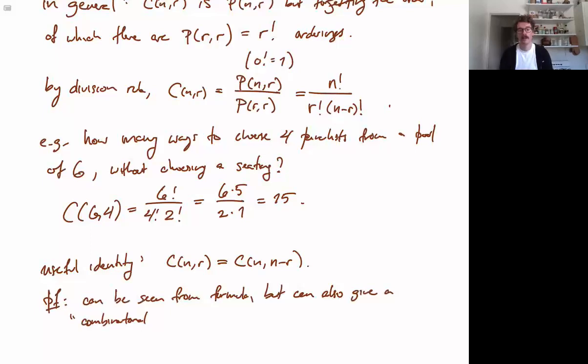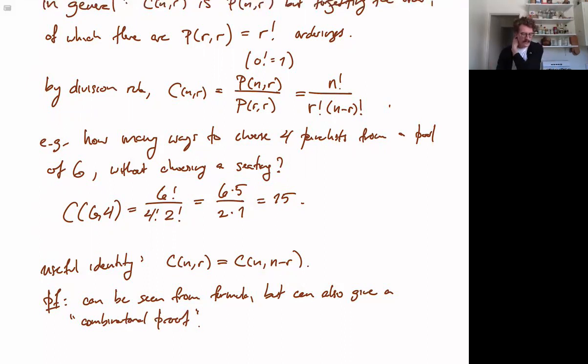But you can also give what we call a combinatorial proof. So what is a combinatorial proof? It means that you're proving an identity by thinking about the objects that it represents. Instead of using formulas, you're interpreting these numbers as counting some kinds of things, and you're showing that those kinds of things can be made to agree.